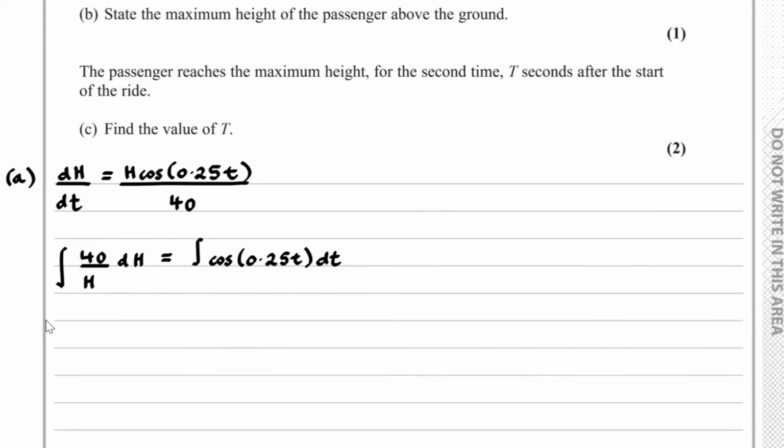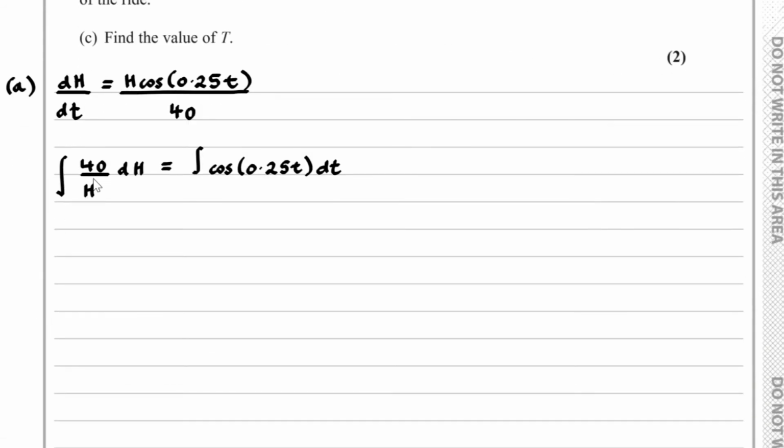And so if we were to integrate 40 over h with respect to h, we end up with 40 times the natural log of h, and that's equal to, well, if I integrate cos of 0.25t, I end up with 4 sine of 0.25t plus some constant of integration, c.